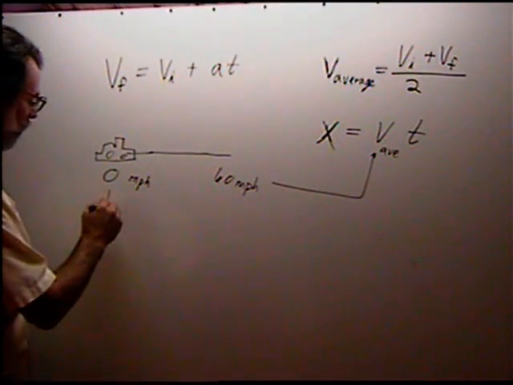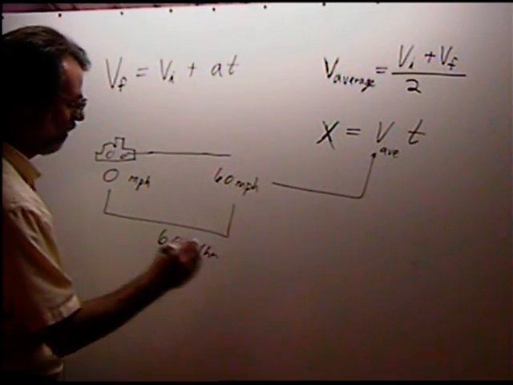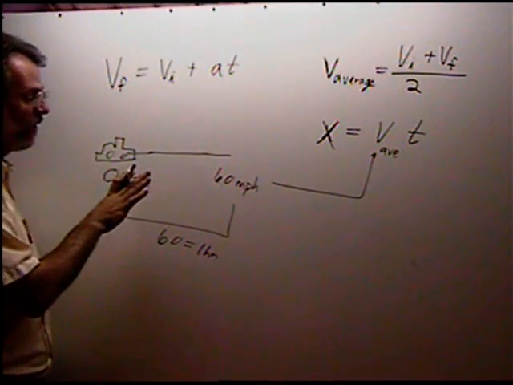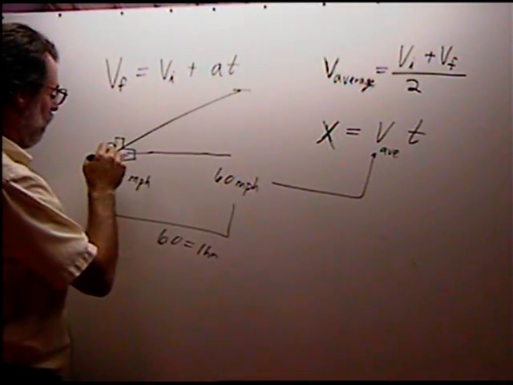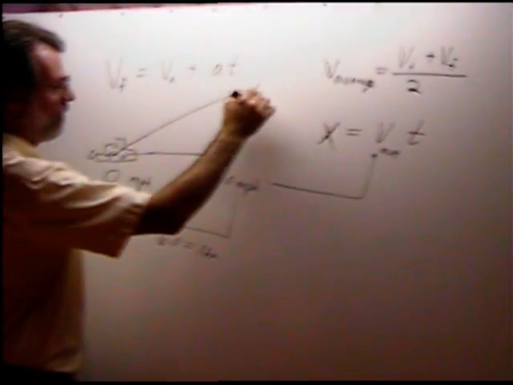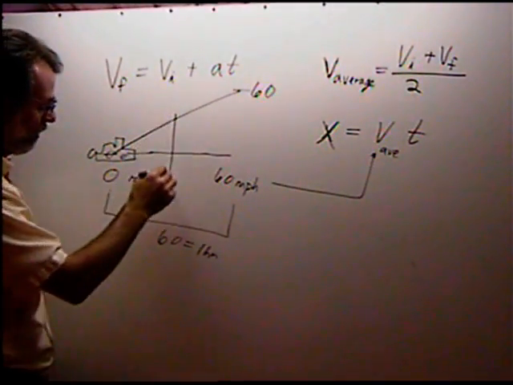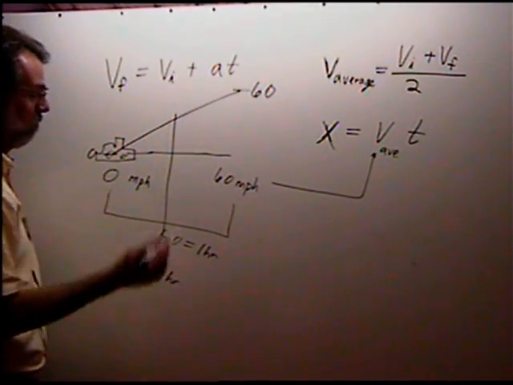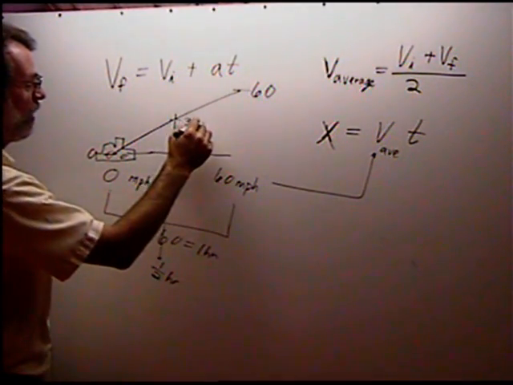And it takes you exactly 60 minutes or 1 hour to do this. You start off at 0 and you slowly accelerate very uniformly, so that by the time you get to 1 hour, you're at 60 miles per hour. Notice at exactly the midpoint, which is 1/2 an hour, how fast are you going? You're going 30 miles an hour, right? You're going 30 miles an hour right in the middle.